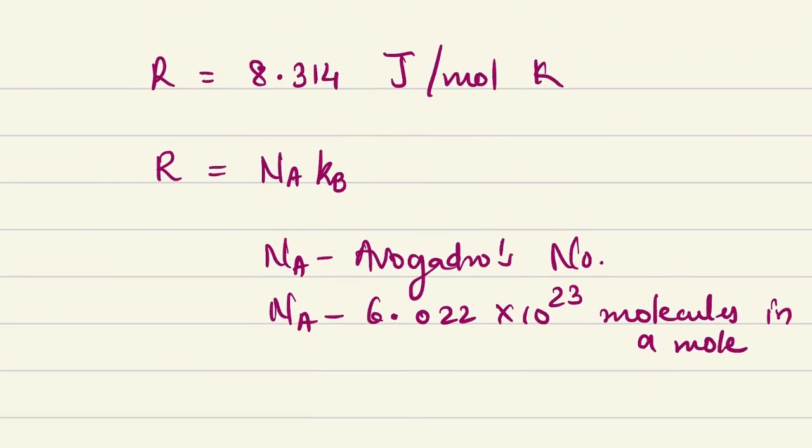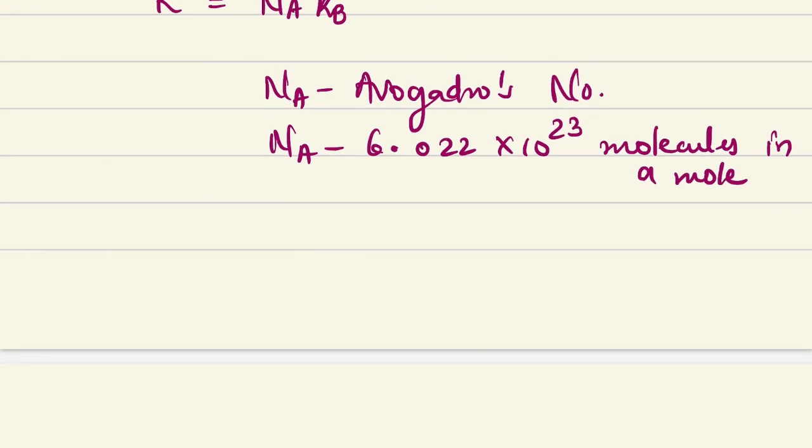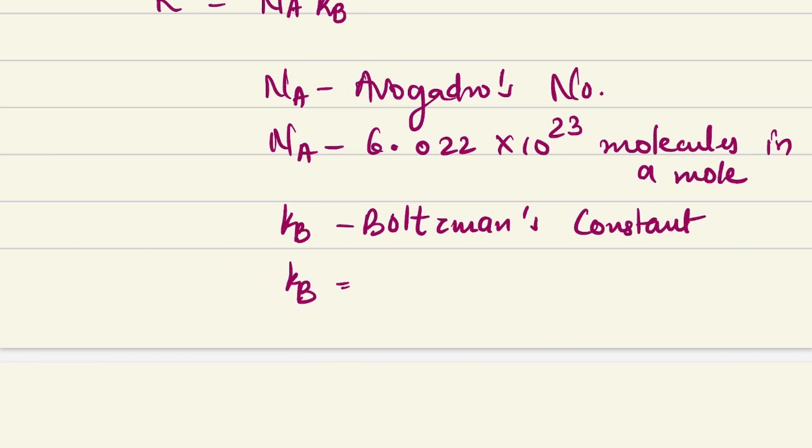And Kb is the Boltzmann's constant, whose value is again fixed, and that value comes out to be equal to 1.38 into 10 raised to minus 23 joule per Kelvin.